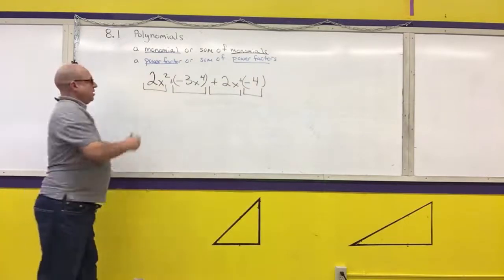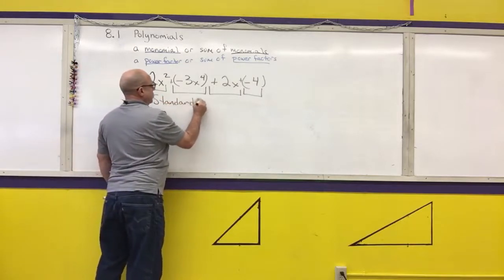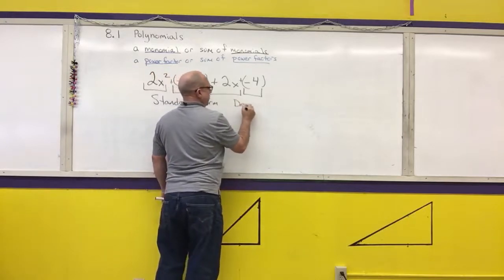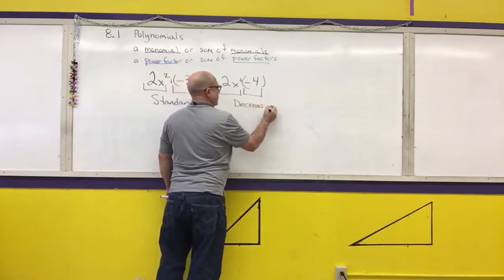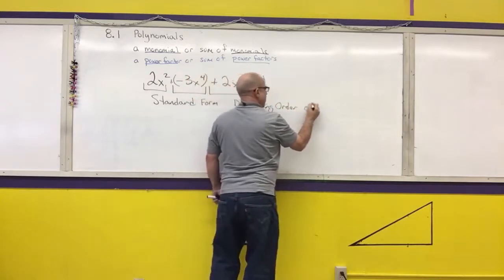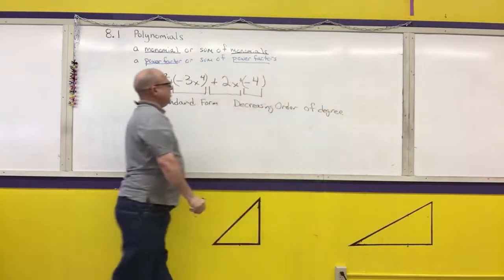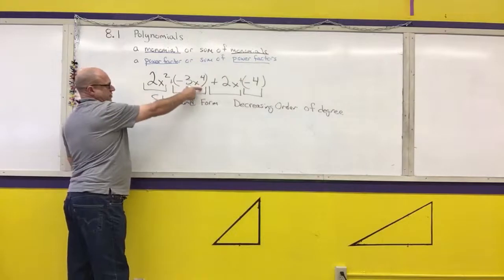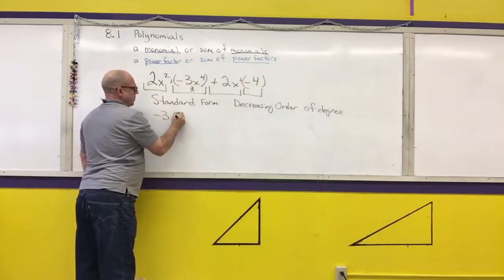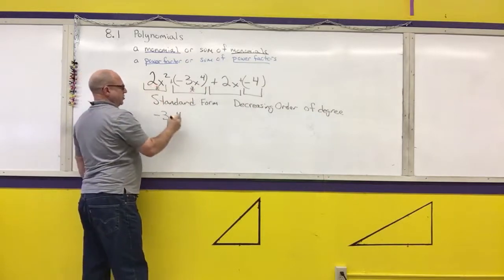We want to write it in what is called standard form. We write it in decreasing degree order. So we find the monomial with the highest degree and we write it first. And that would be this one, negative 3x to the fourth. Then the next term would be the square term, plus 2x squared.